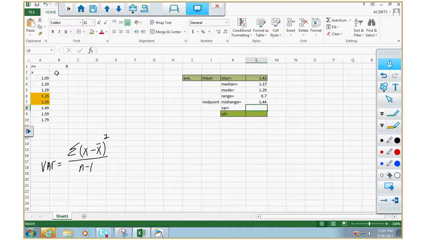Okay. So I'm going to call this x minus x bar. You need to draw a column just like I'm doing, so you don't get confused at home, and see if you get the same numbers. Go ahead and do that on your calculator.